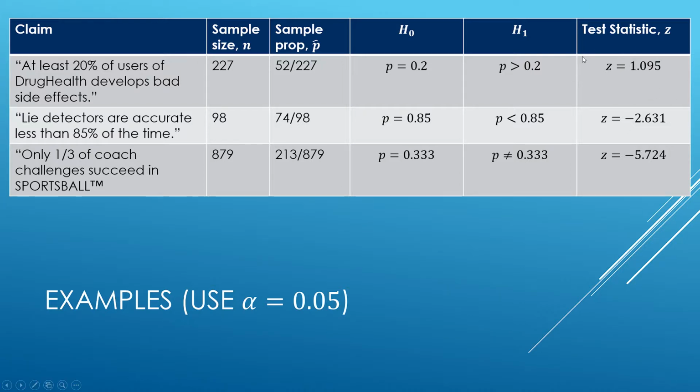So this first test statistic came out to be about 1 standard deviation. That's not crazy rare. We'll see how that ties into the conclusions we'll make in the next video. These two, however, are getting into rare territory. And we'll see how that shapes up with our p-values and our conclusions based on that.